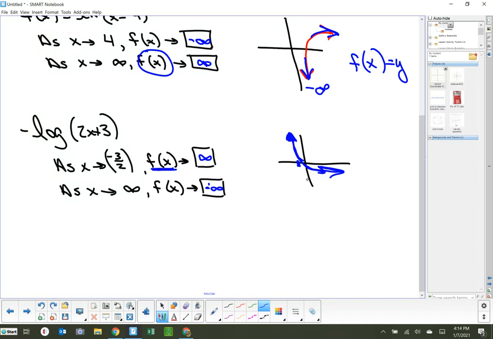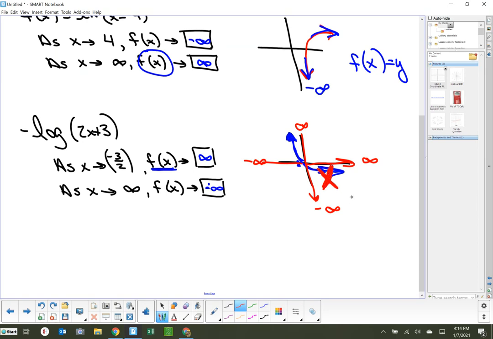And actually, this may help if you think of this in quadrants. Let me change the direction. So this is going towards positive infinity on the x. This is going towards negative infinity on the y, right? And if you think of all of these, this is going towards positive infinity on the y, negative infinity on the x. So if you have something in this quadrant, you can write it as an ordered pair.